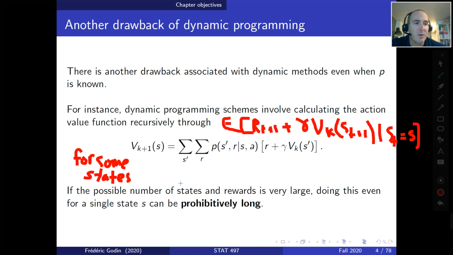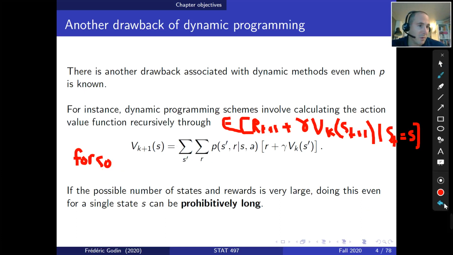If there are 10 to the 20 states or something like that, like in backgammon, summing this expression across all the states is impossible. So even if we do asynchronous dynamic programming, sometimes the sum for a single state S, where we have to sum through all next states, is way too large to be applicable in practice. So for that reason also, dynamic programming might fail.